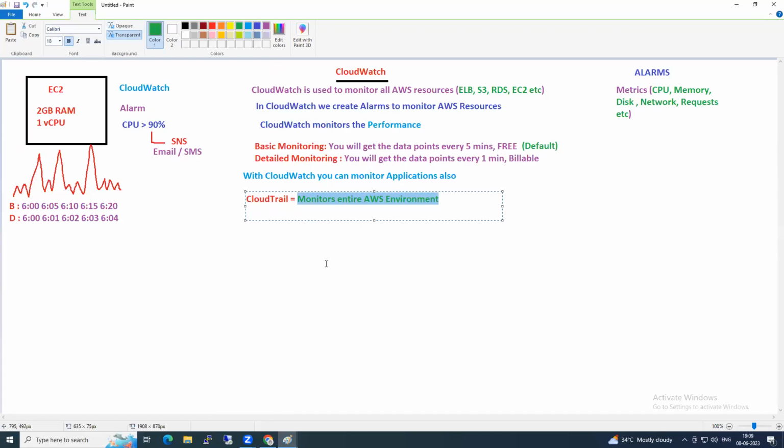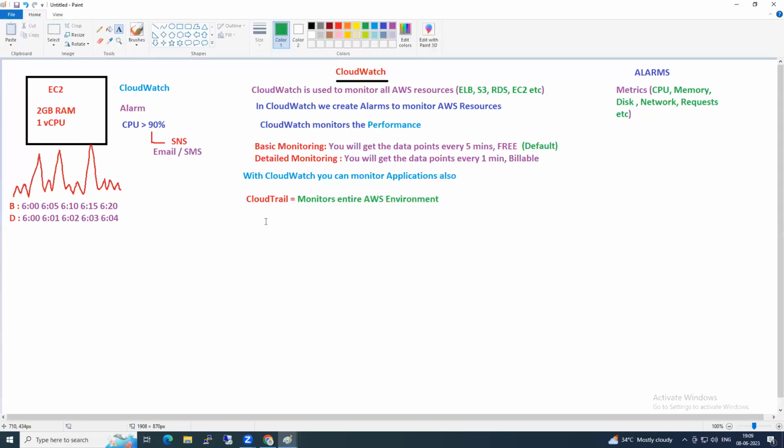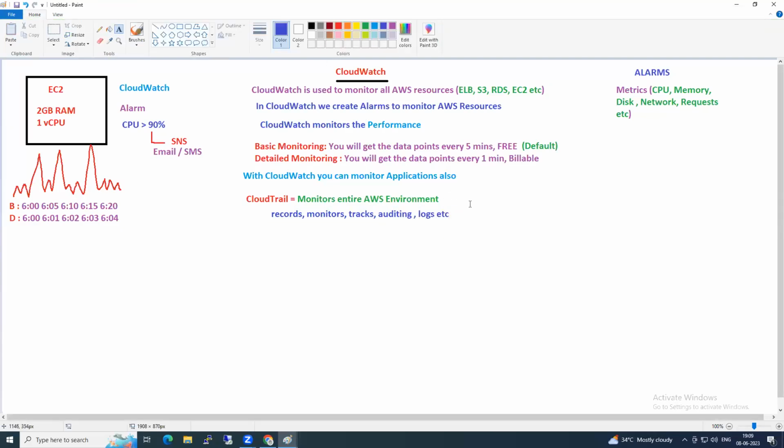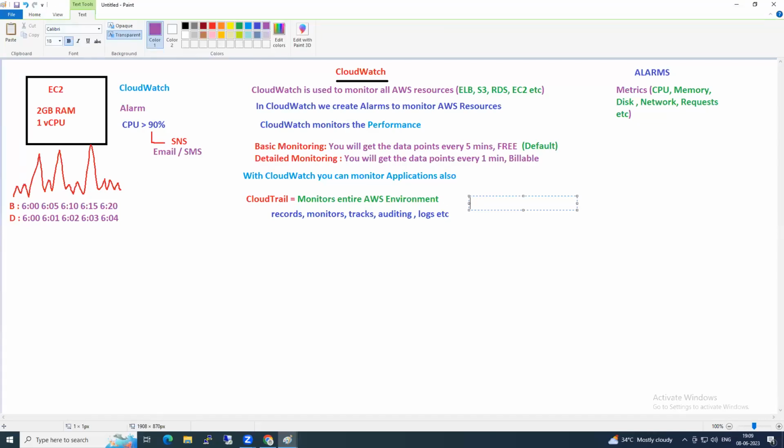EventBridge is different. So this is used for tracking purpose, it records, it monitors, it tracks, and it is used for auditing purpose, right? And it collects the logs, etc., everything it will do. So, guys, it's just like event logger. Do you know event logger?